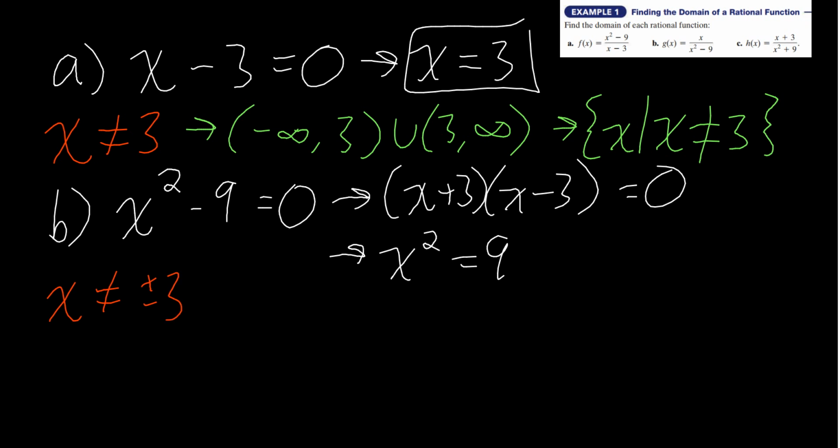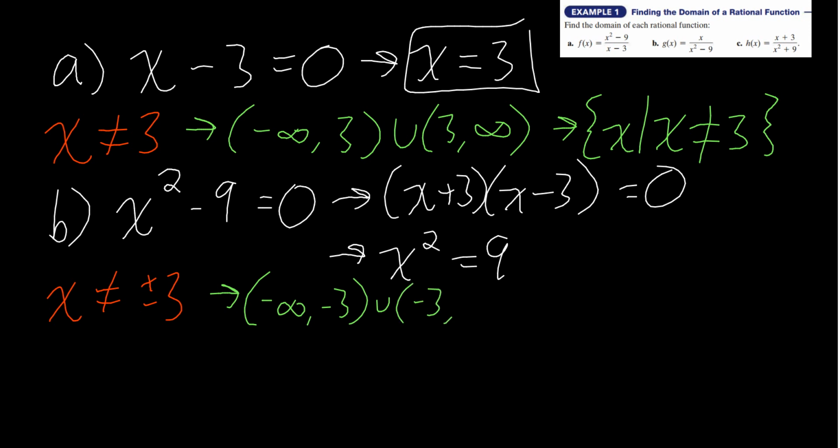All right. So this means that my domain, if I put it into interval notation, I would say from negative infinity to negative 3, union with negative 3 to 3, union with 3 to infinity. I'm trying to write this a little small because I've got to fit stuff in here.